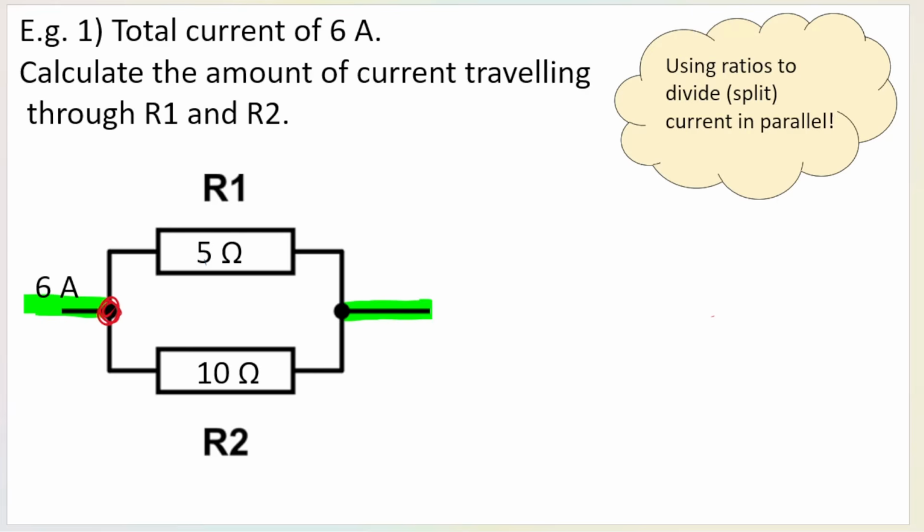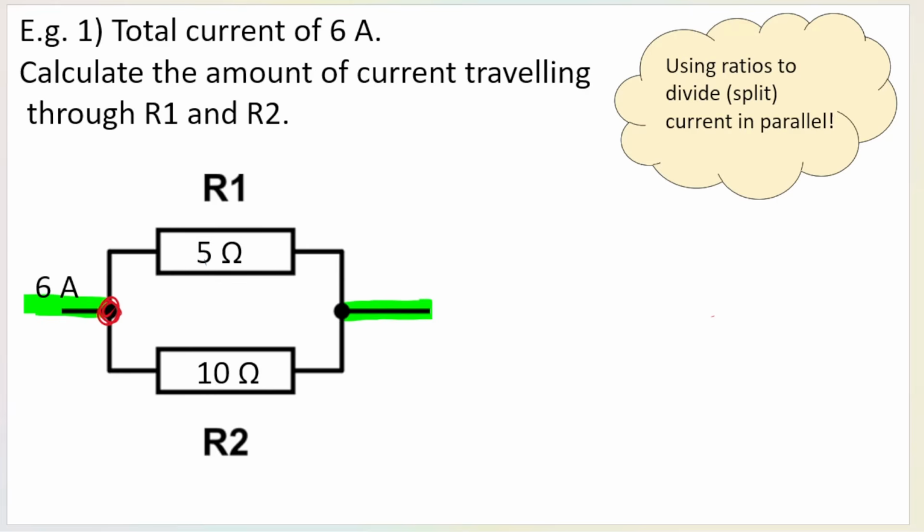I'll show you that in a second, but what I mean is this resistor is double the size of R1, which means that R1 should get double the current of R2. Okay? Because the resistance is half, the current should be double. They do the opposite. Remember, they're inversely proportional.